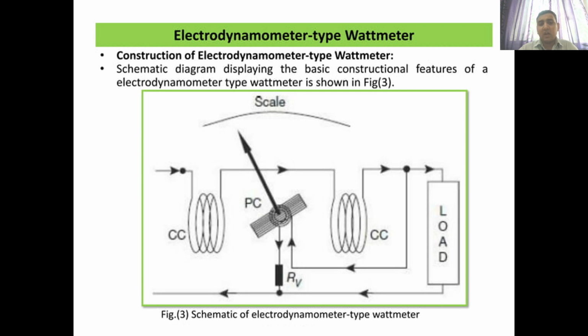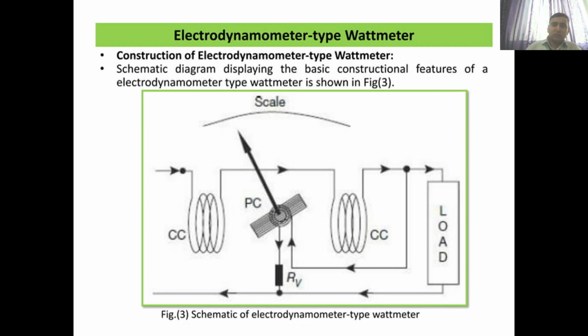The fixed coil, represented in this figure as CC or current coil, and the moving coil as PC or potential coil. Here the fixed coil carries the current given to the load, and the potential coil measures the voltage across the load in the system.